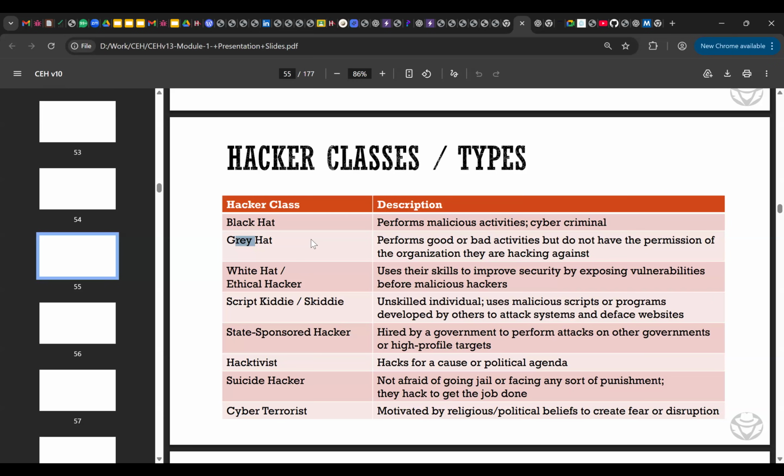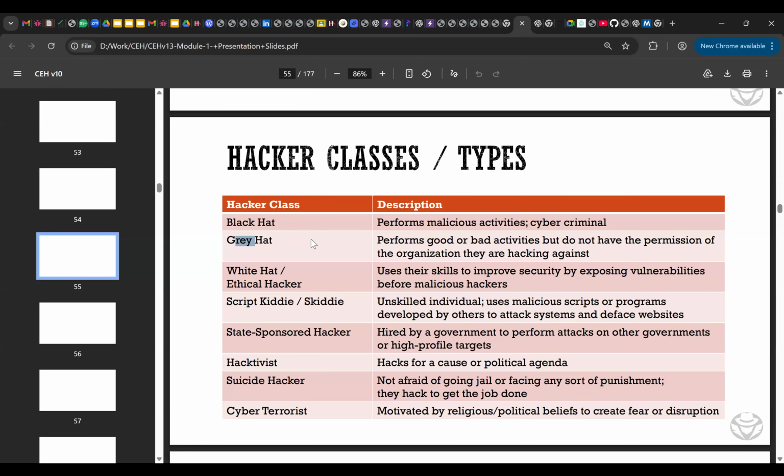So those are script kiddies. Next are state-sponsored hackers. State-sponsored hackers are hacker groups hired by the government to perform attacks on other governments or on high-profile targets.